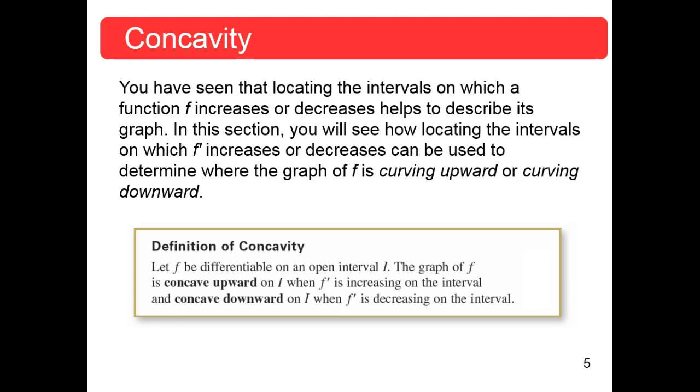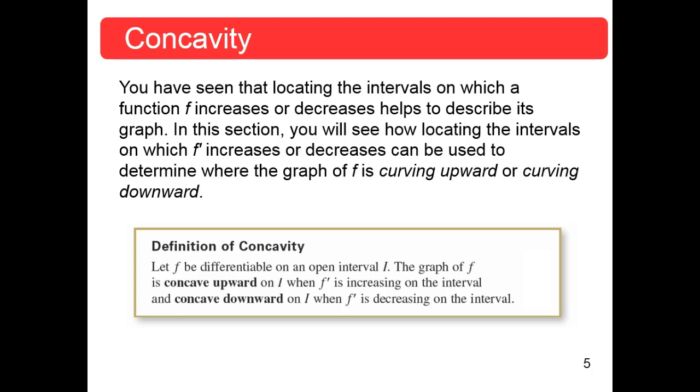But even if the slope was very negative, if it's getting less negative as you go, that first derivative is increasing, because it's going from a very negative number to a less negative number. So all along that path, you've got a concave up situation. That's what we mean if f prime is increasing on that interval.